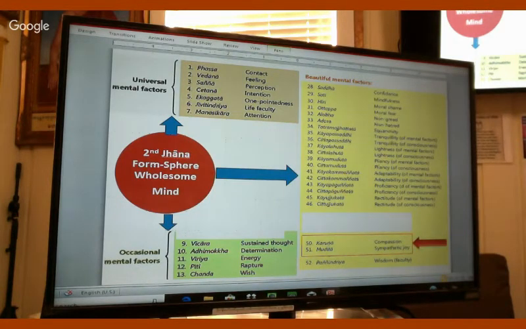Because with Vitaka, my mind wants to go to the object. That's why Vitaka makes agitation in the mind. Vitaka is like shaking and unstable for my mind. That's why it is removed. So in the second jhana, the mind is more stable. Stabilization of mind: if you want your mind more stabilized, you need to take out the Vitaka.